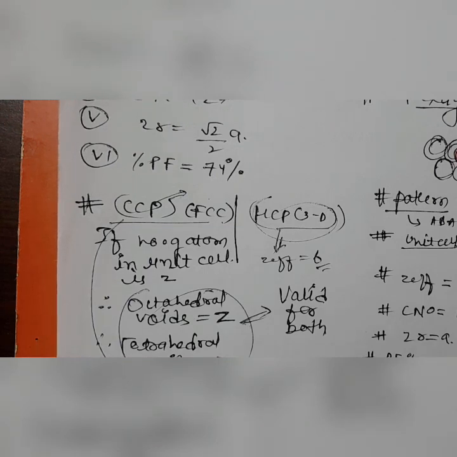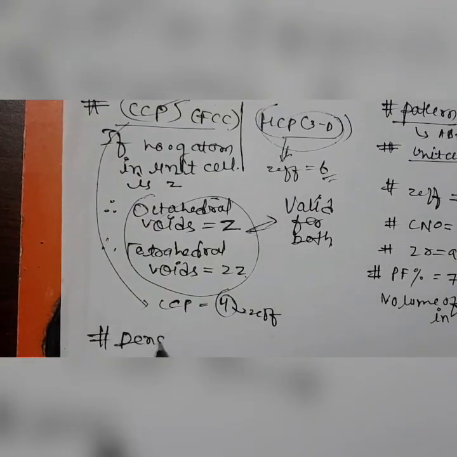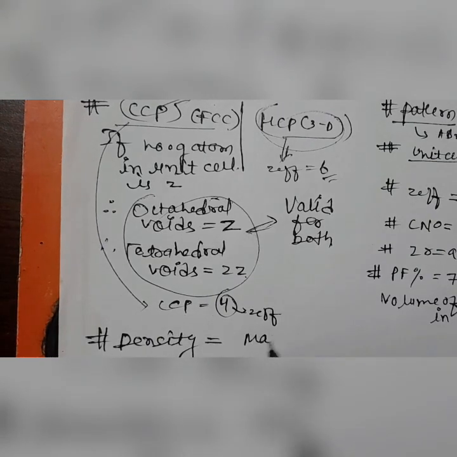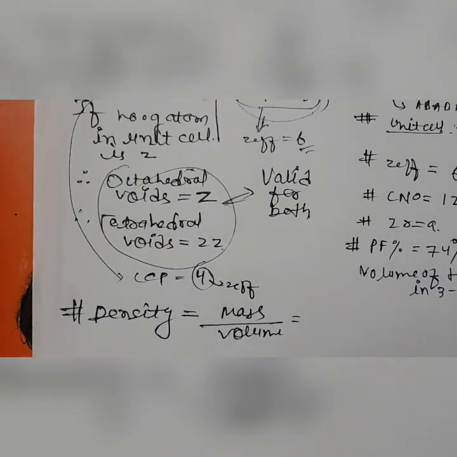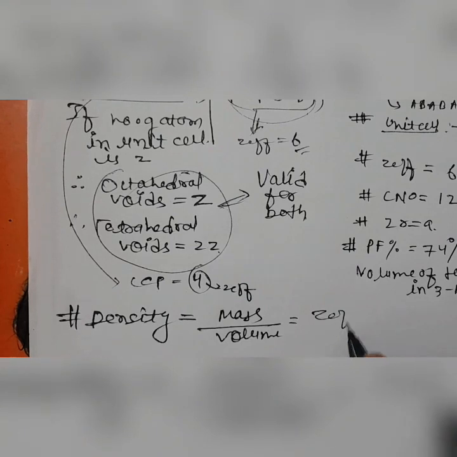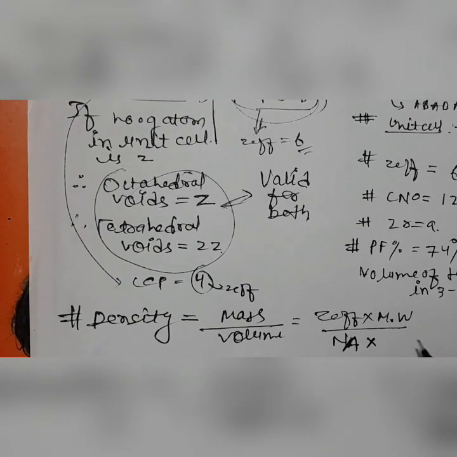Now we move towards another part, that is the density of the unit cell. What is density? Density is nothing but mass upon volume. So how can we find the density of a cell? The density formula is Z effective into molecular weight, upon Avogadro's number into the volume of the cube.